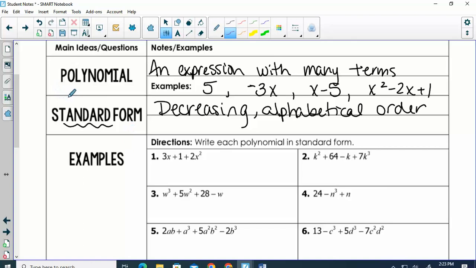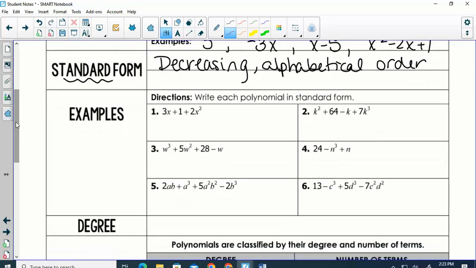Alright, first thing we're just going to practice putting them in standard form. Let's look at number 2. We're not going to do all these. So standard form, we only have one variable here. So we start with that. What's our highest power? 64 is the biggest number, but when I'm talking about the power, I'm looking at the exponent. 3.